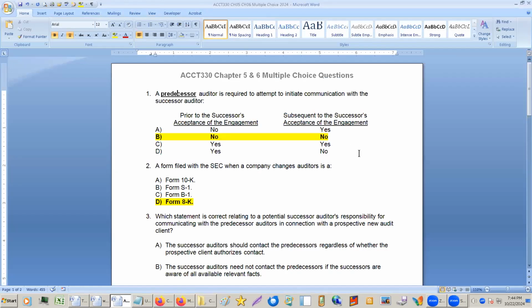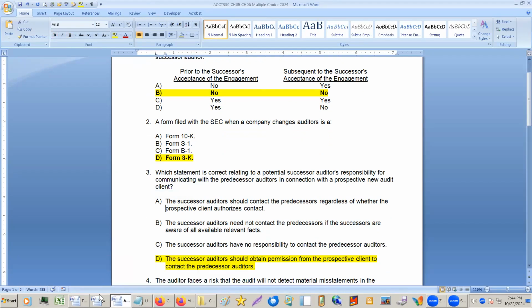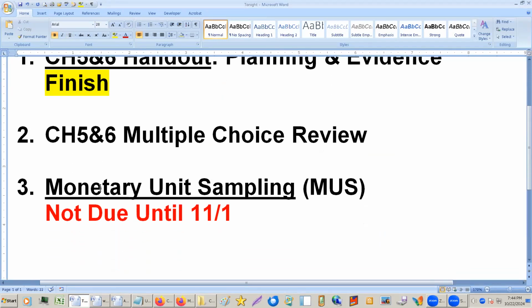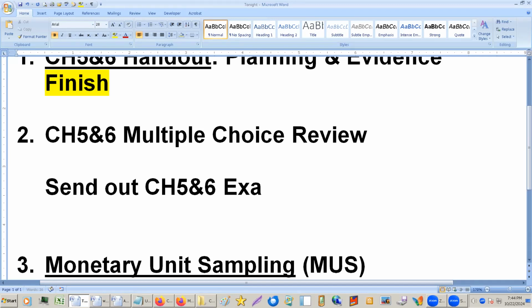Okay, very good. So this will be it for the night. I'm not gonna take the last 15 minutes. So what I'm going to do is send out the exam, let's say by 10 o'clock. I'll try to get out before then.